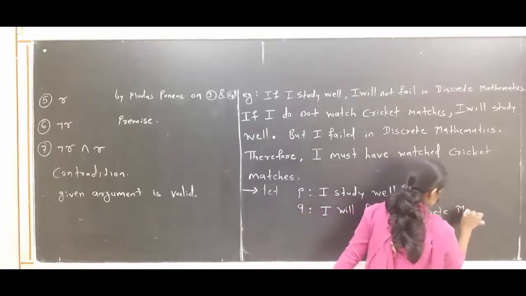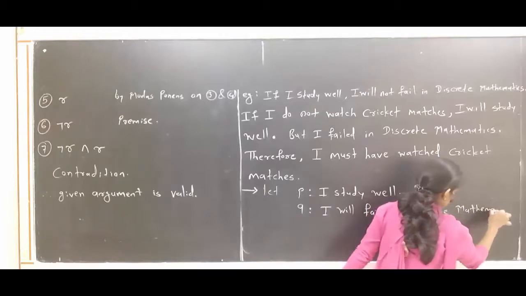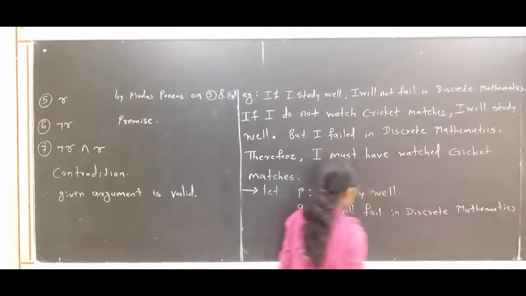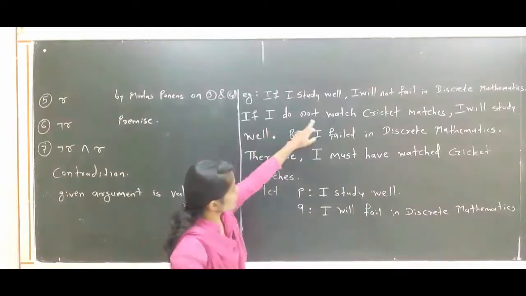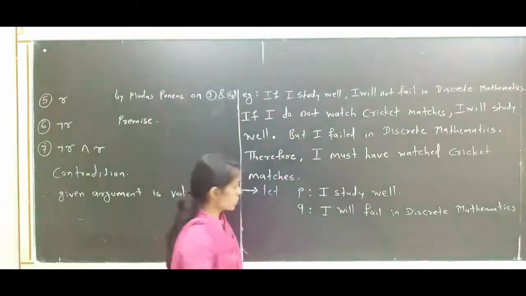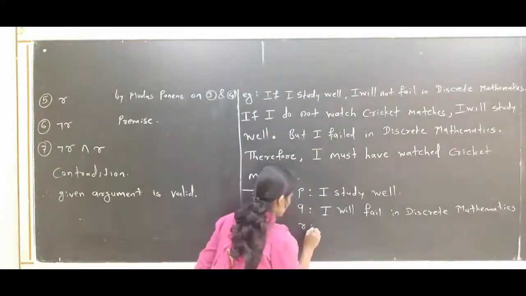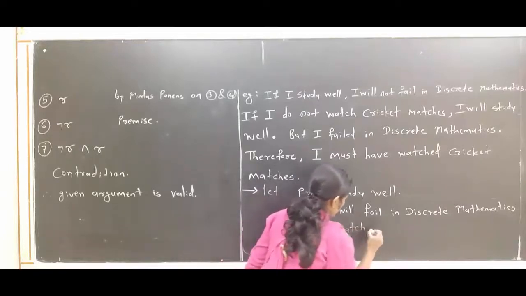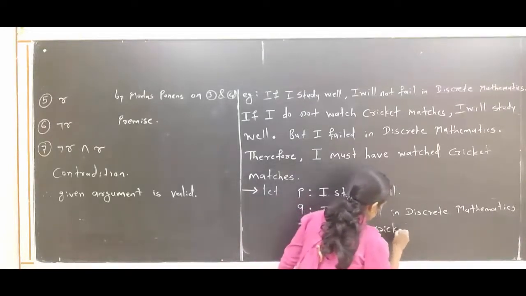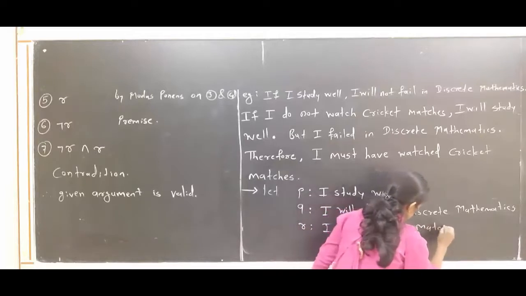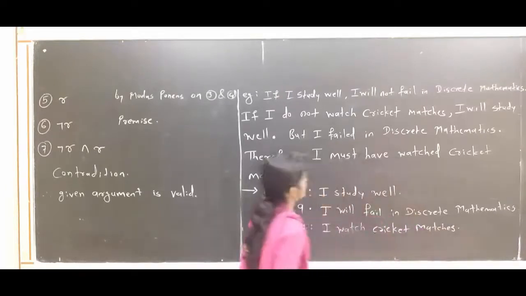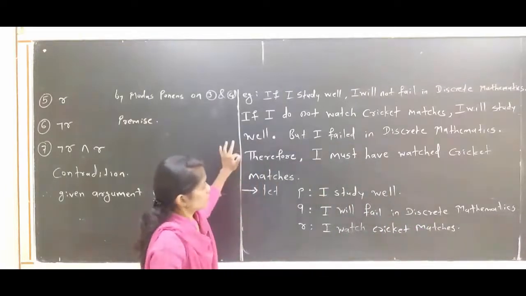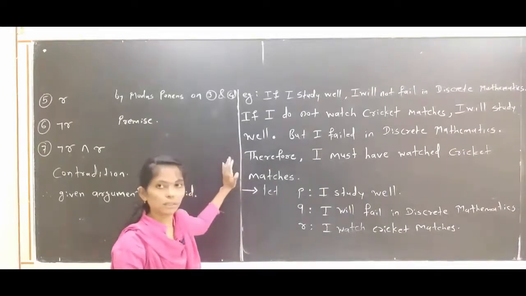Next, I do not watch cricket matches. So R denotes I watch cricket matches. So here the propositions are completed.